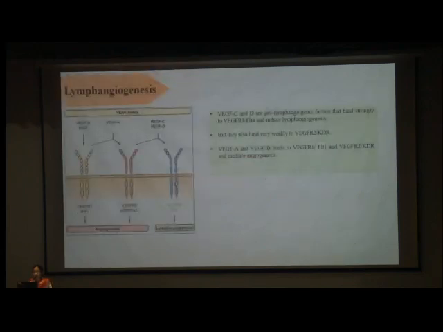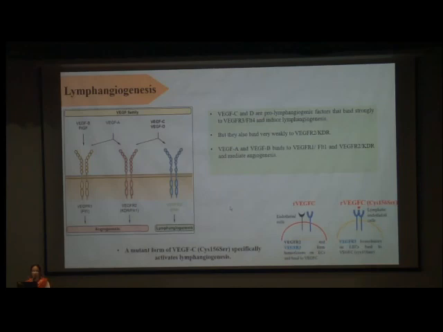So if we look closely at lymphangiogenesis, there are two factors, VEGFC and VEGFD, which are pro-lymphangiogenic factors. These actually strongly bind to a receptor, which is a receptor tyrosine kinase, VEGFR3, also called FLT4, and induce lymphangiogenesis. These factors also weakly bind to VEGFR1 and 2, which we know are important for inducing angiogenesis by factors known as VEGFA and VEGFB.